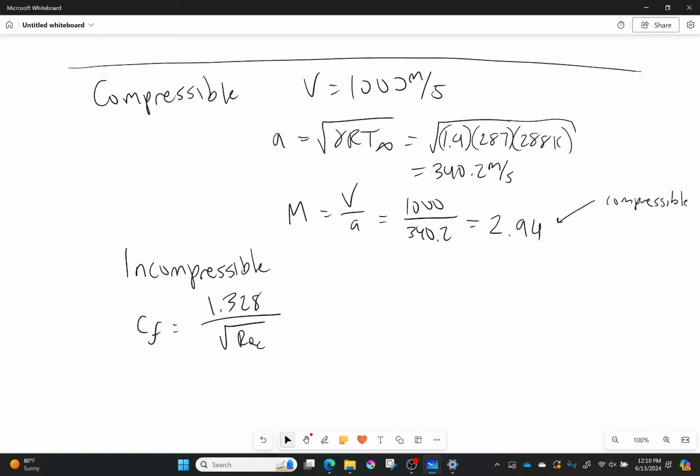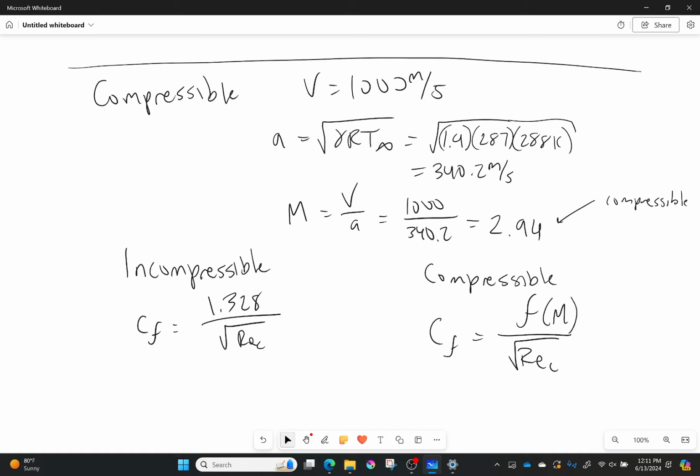Okay. When I am compressible, I can't actually use that. So I have CF still. It's still a very similar thing. I still have the square root with the Reynolds number on the bottom. That's all good. But it's the top part that changes. So this part right here, I'll just say this right here is a function of my Mach number.